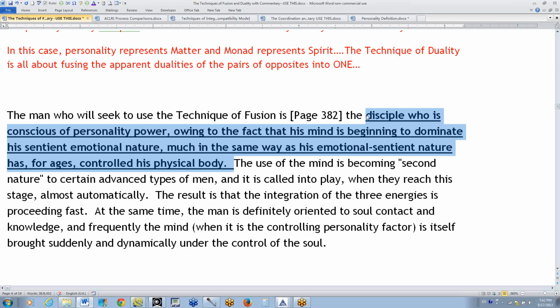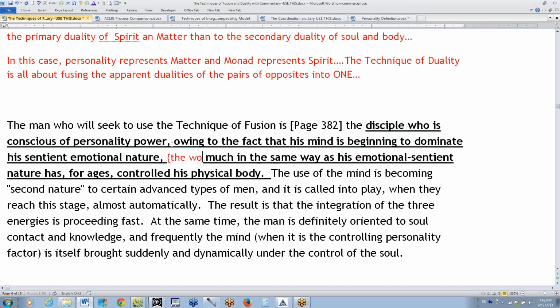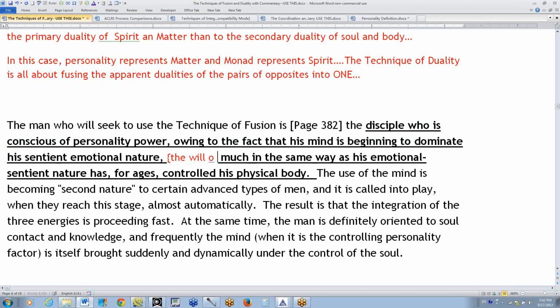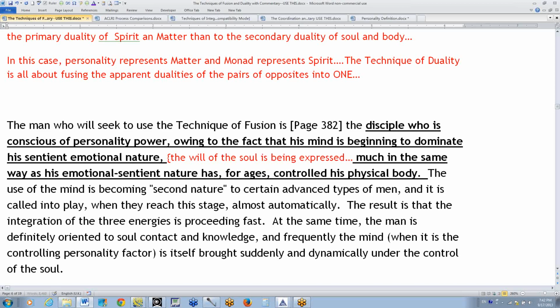So this is a powerful personality with a powerful mind, which is beginning to dominate the emotional sentient nature, so the will of the soul is being expressed.